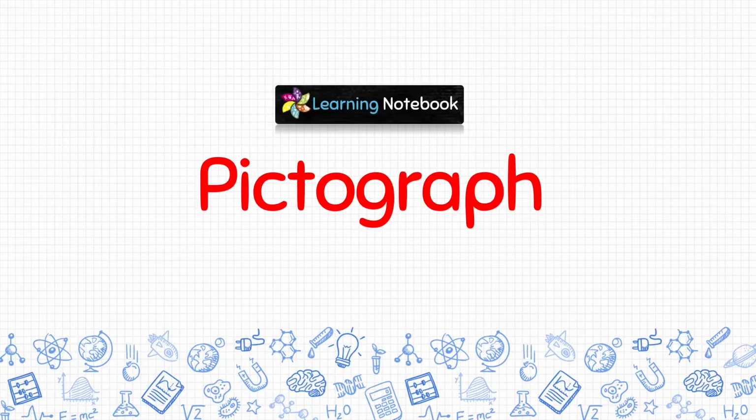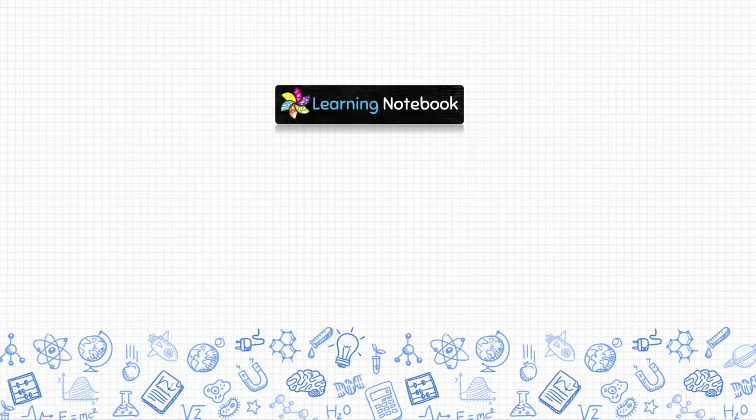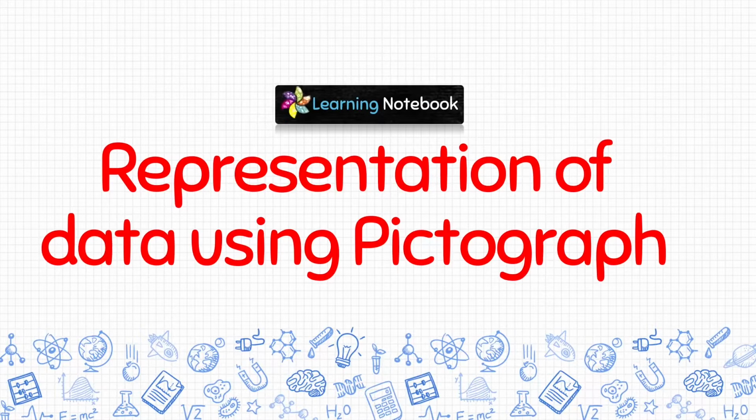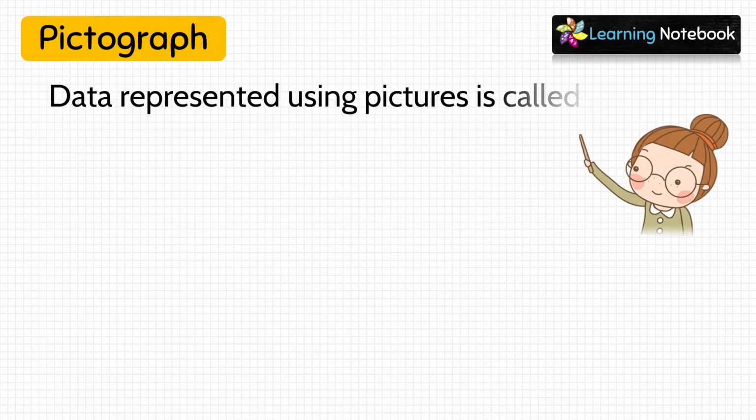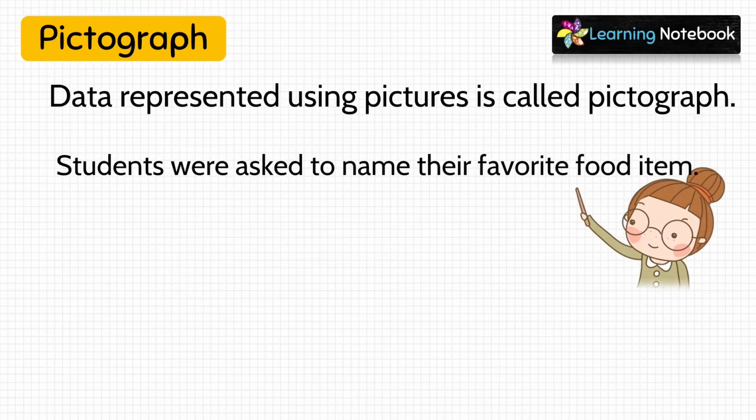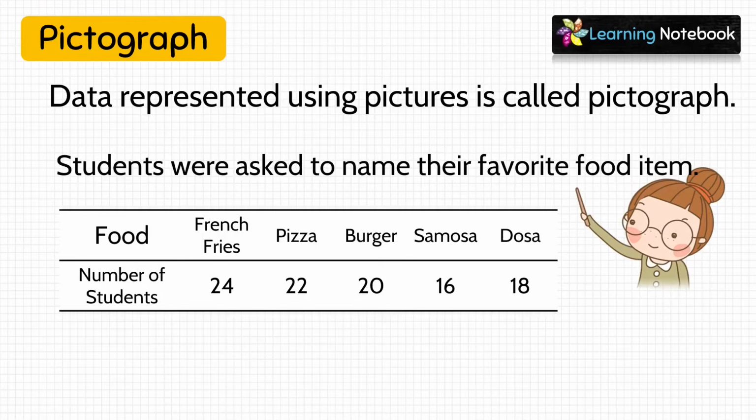First is pictograph. So, let's understand how to represent data using pictograph. Data represented using pictures is called pictograph. Let's see an example to understand this pictograph. Students were asked to name their favorite food item.